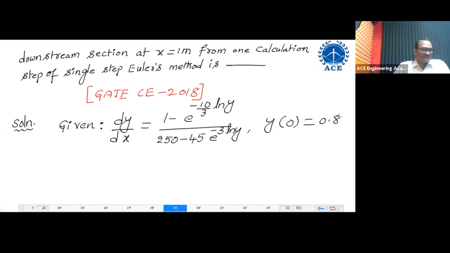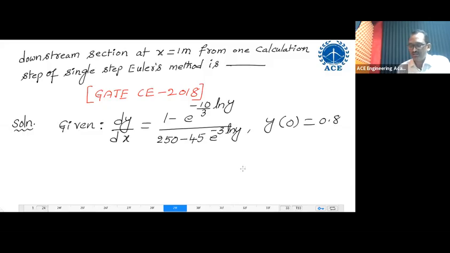Remember, this differential equation represents the variation of water depth in a gradually varied open channel flow. In the initial condition, y means water depth, x means distance. Water depth at x is equal to 0 meters is 0.8 meters. Now you are asked to find the depth of the water at a downstream section at x is equal to 1 meter.